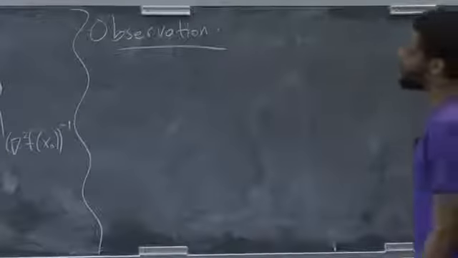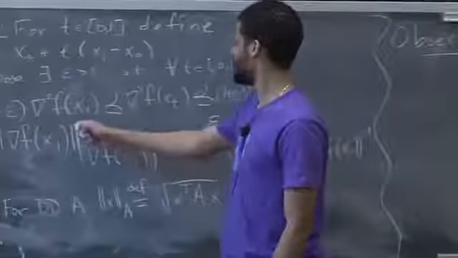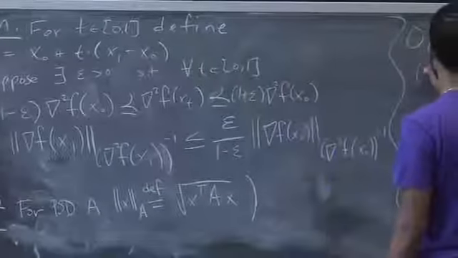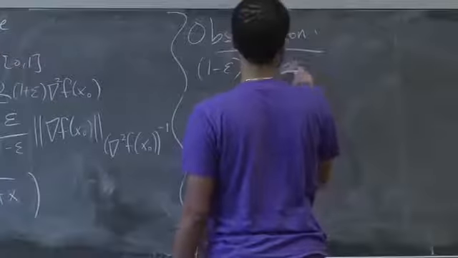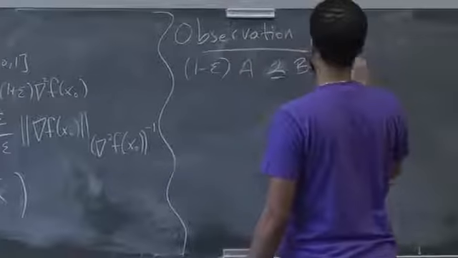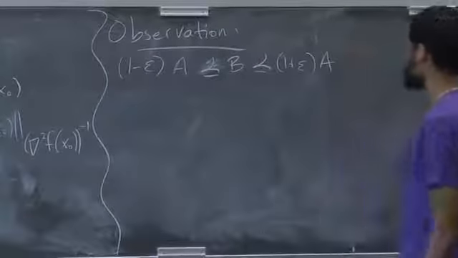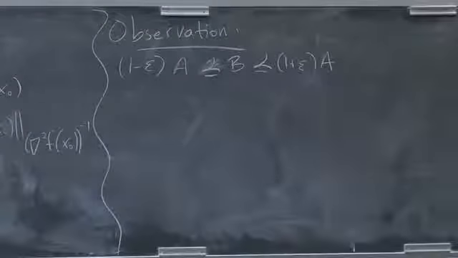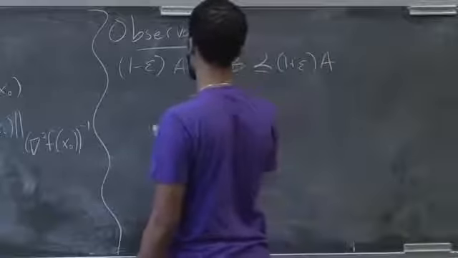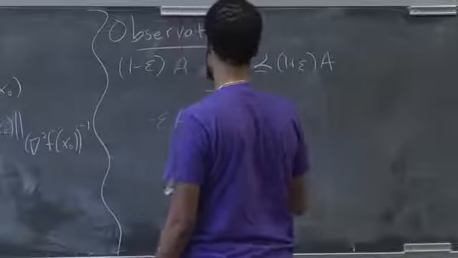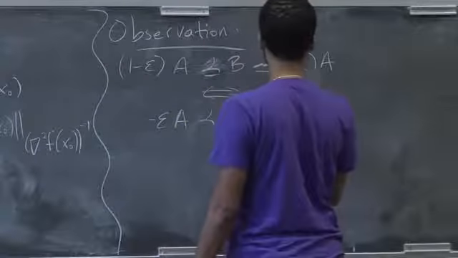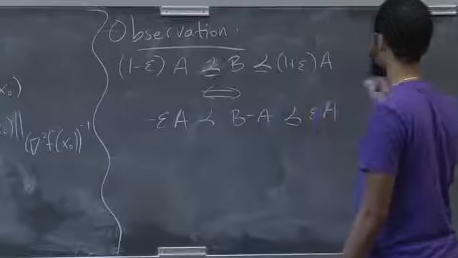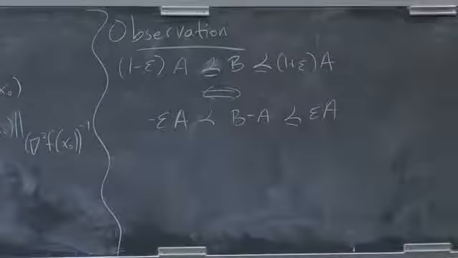What does it mean to say that (1 minus epsilon) A is at most B is at most (1 plus epsilon) A? How can I rewrite this? That's the same thing as saying minus epsilon A is at most B minus A is at most epsilon A. And what does this mean?